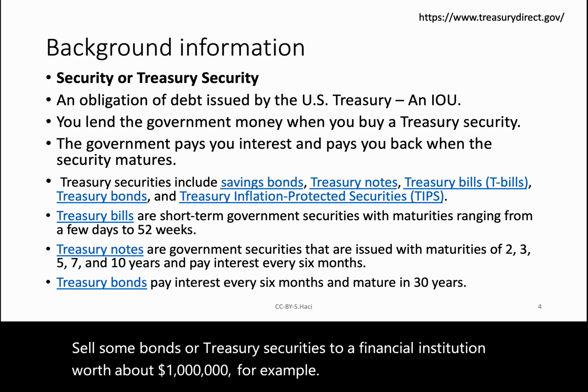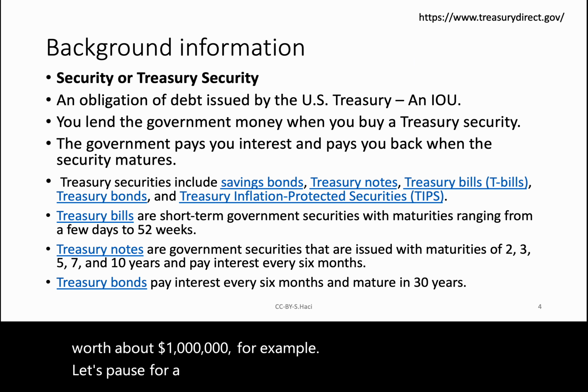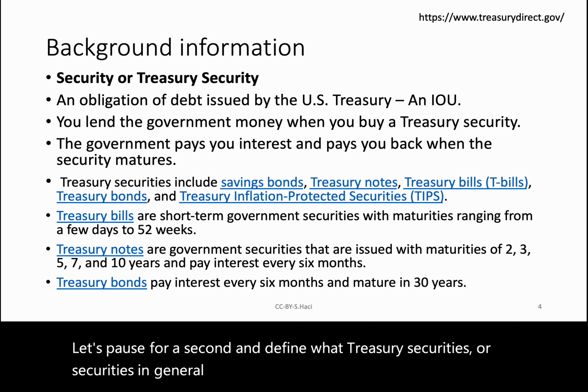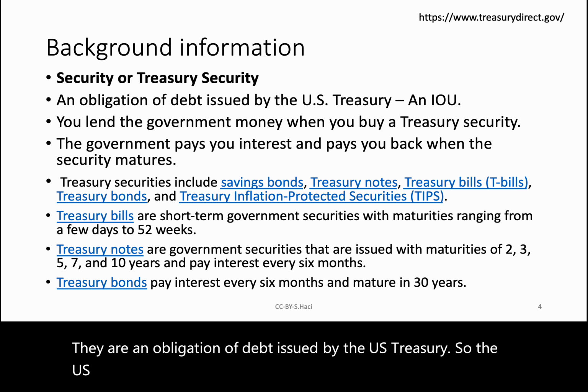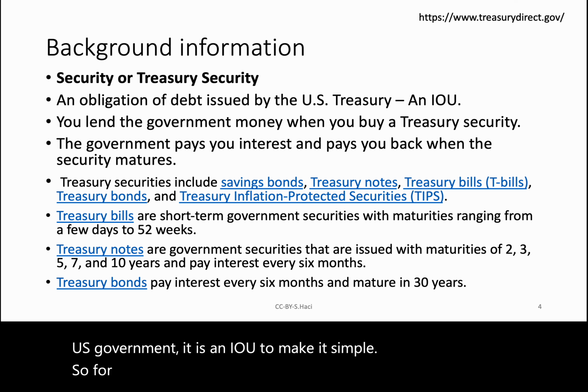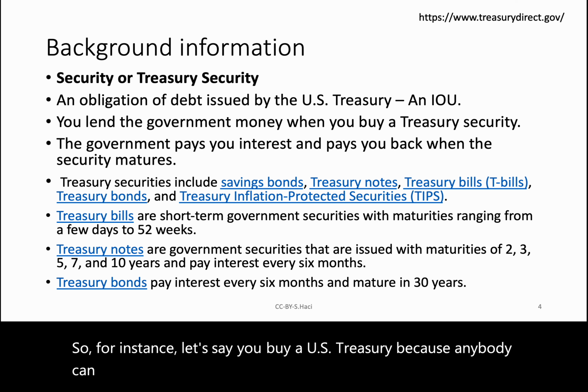Let's pause for a second and define what treasury securities or securities in general are. They are an obligation of debt issued by the U.S. Treasury, so the U.S. government. It is an IOU, to make it simple. So for instance, let's say you buy a U.S. Treasury, because anybody can buy treasuries.